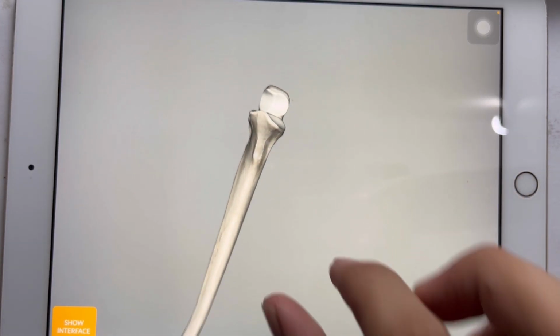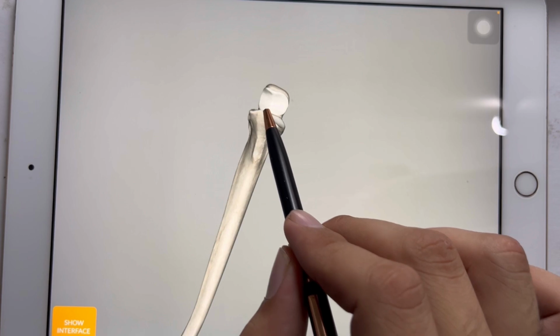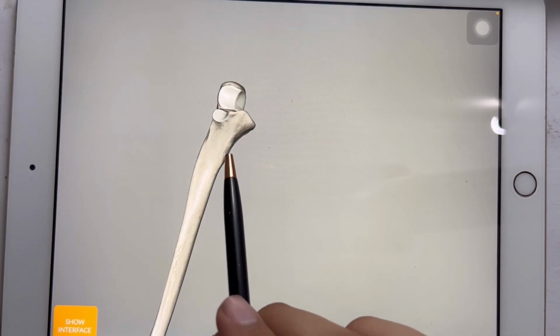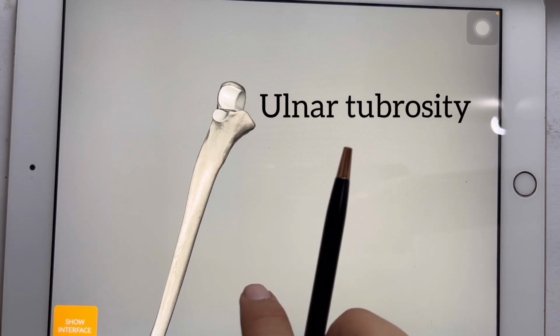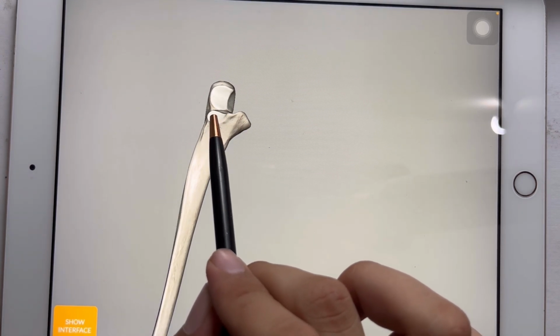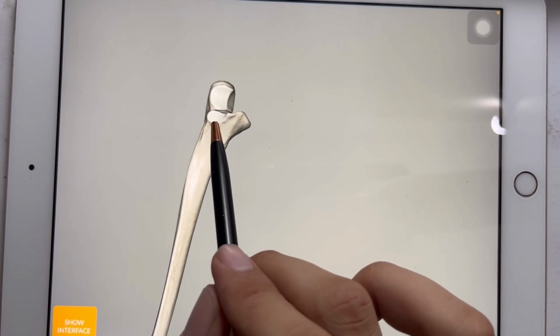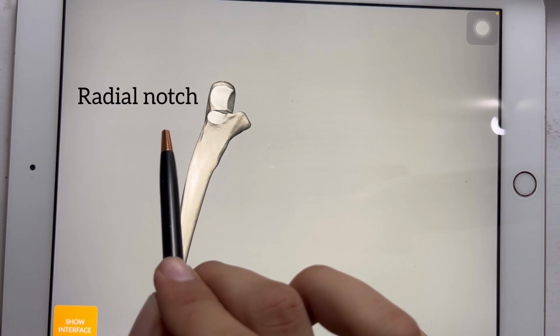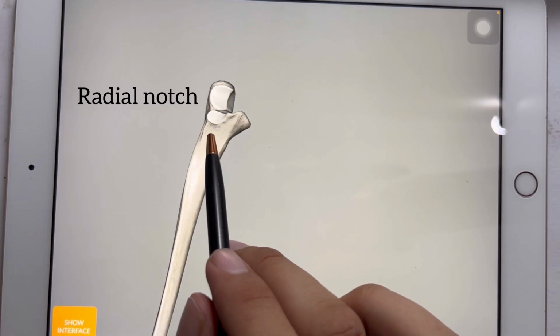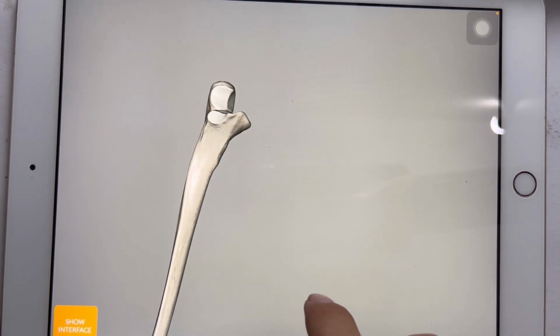Now student, inferiorly to the coronoid process, here we have a rough elevation which is called the ulnar tuberosity, while on the lateral side of the proximal extremities, this notch is called the radial notch. Here the head of the radius bone articulates.